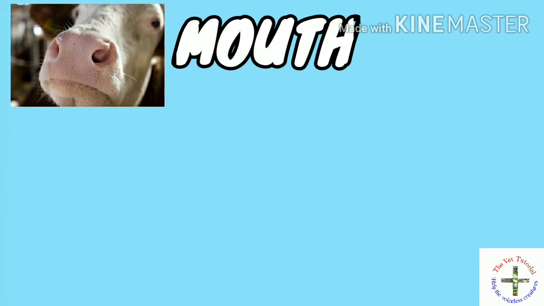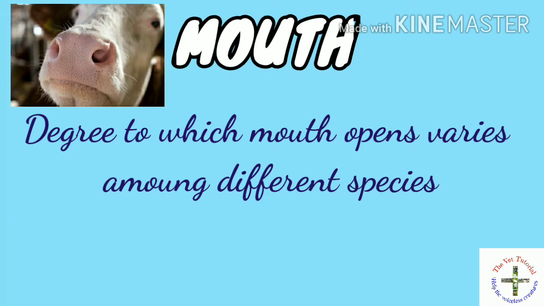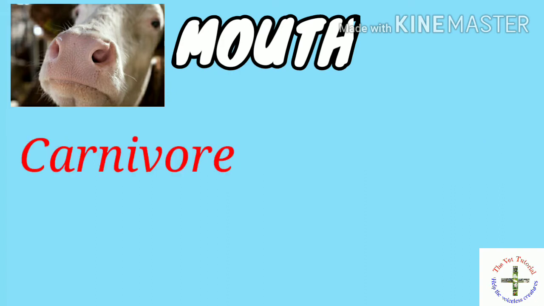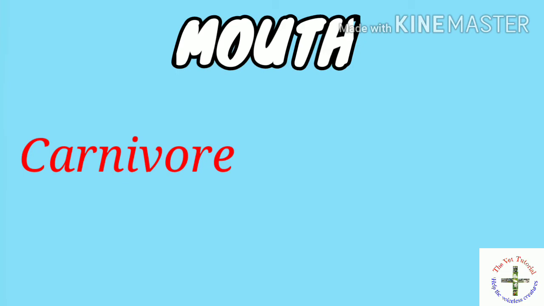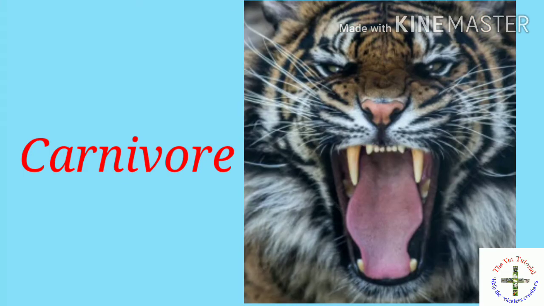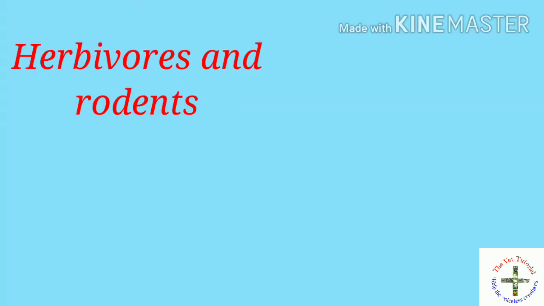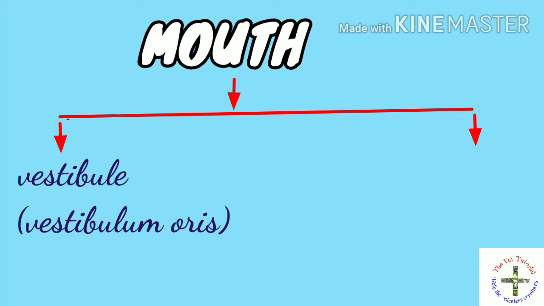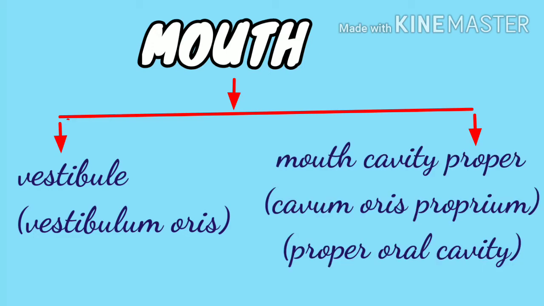Remember that the degree to which the mouth opens varies between species depending upon feeding habit. In animals that use their teeth to capture prey, that is carnivores, much of the mouth opens, while in herbivores or rodents, a small orifice opening is present. The mouth includes the vestibule or vestibulum oris and the mouth cavity proper, or cavum oris proprium.